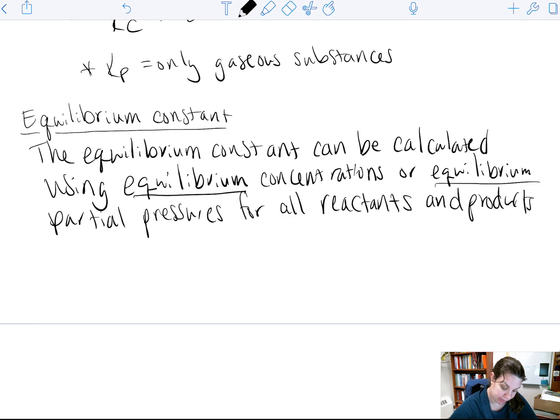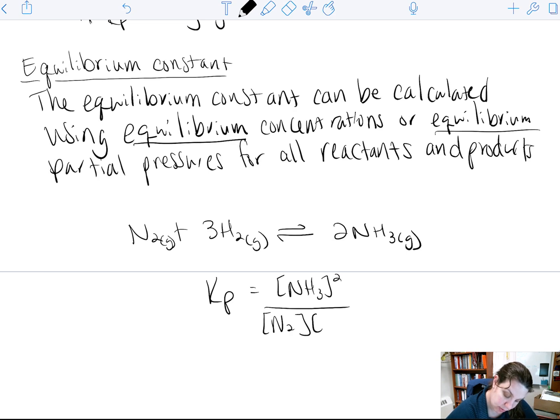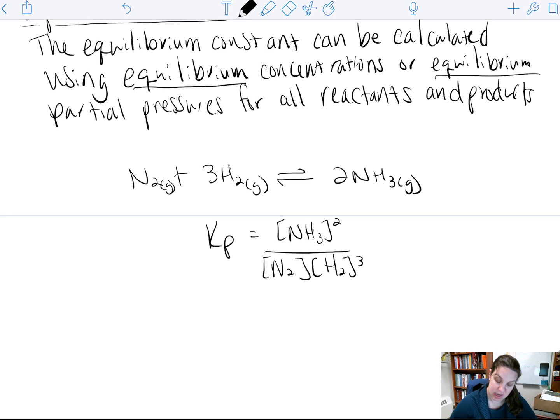For instance, if we have something like N2 plus 3H2 going to 2NH3, we would write that equilibrium constant expression. I'm going to put it in terms of pressure. We would write it as NH3 squared over N2 H2 cubed.